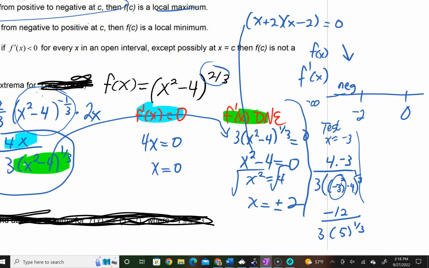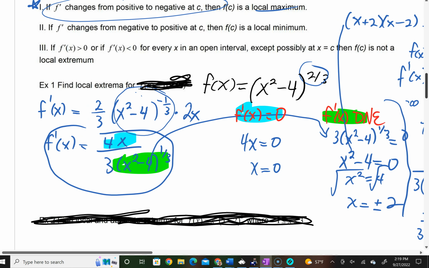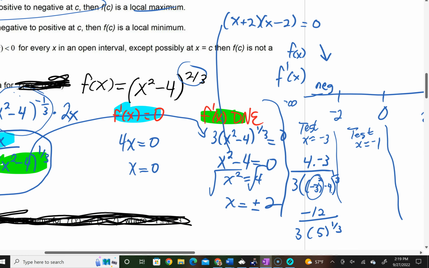Hey, I want to test something between -2 and 0. What do you want to test? -1? By the way, could you have tested a decimal? Yeah. And what am I doing? I'm coming right back to this definition, this one right here that I'm putting the star on, this f prime. That's what I'm plugging -1 into. Now, kids will say, it's negative, Mr. Dobner.